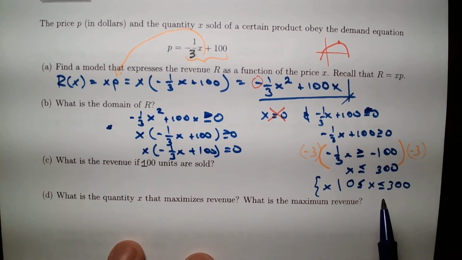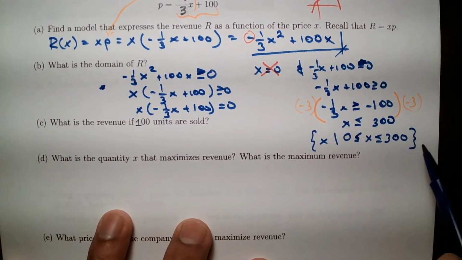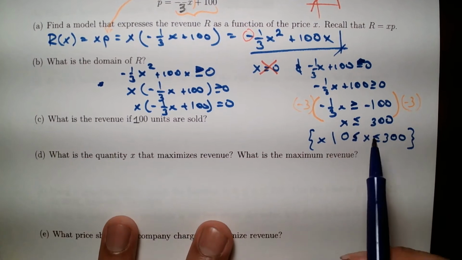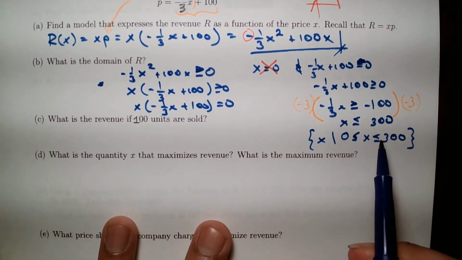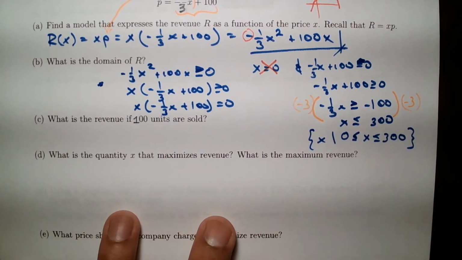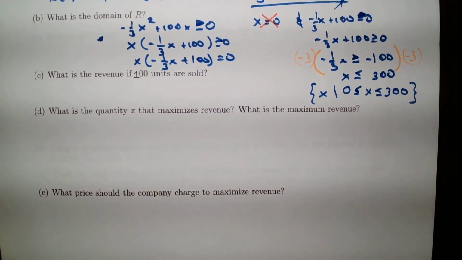All right, because we don't want to sell a negative amount of items, right? Well, actually, when you look at the MyMathLab homework, you will see this also as just less than, not less than or equal, without the equal part, but it's still the same.